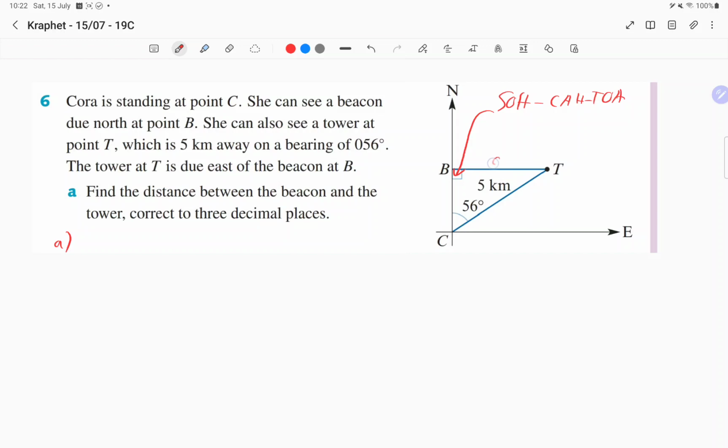So this is the opposite side of the angle 56 degrees, and we have the hypotenuse. Sine 56 degrees equals BT over 5. So BT is 5 sine 56 degrees, which equals 4.1452 kilometers. To 2 decimal places, 4.15 kilometers.